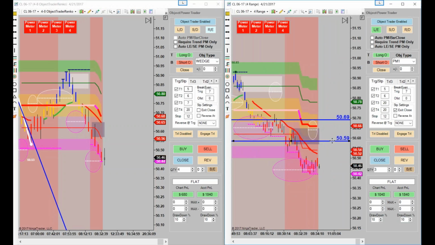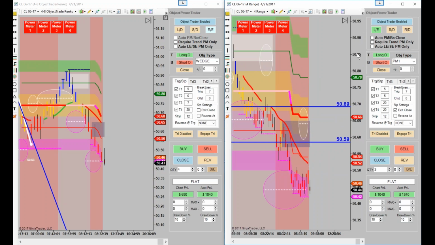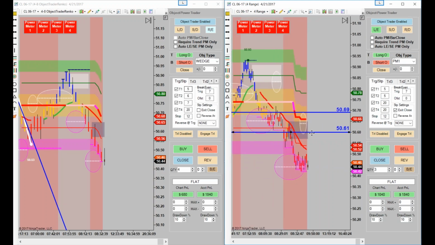So should we take a PM trade? I'd probably change this to 5. And that's if it even doesn't just keep going down, which we'll find out. It's going down still so far. But our trade's already setting up for us, isn't it? Anybody? This is our little sweet spot right through here.